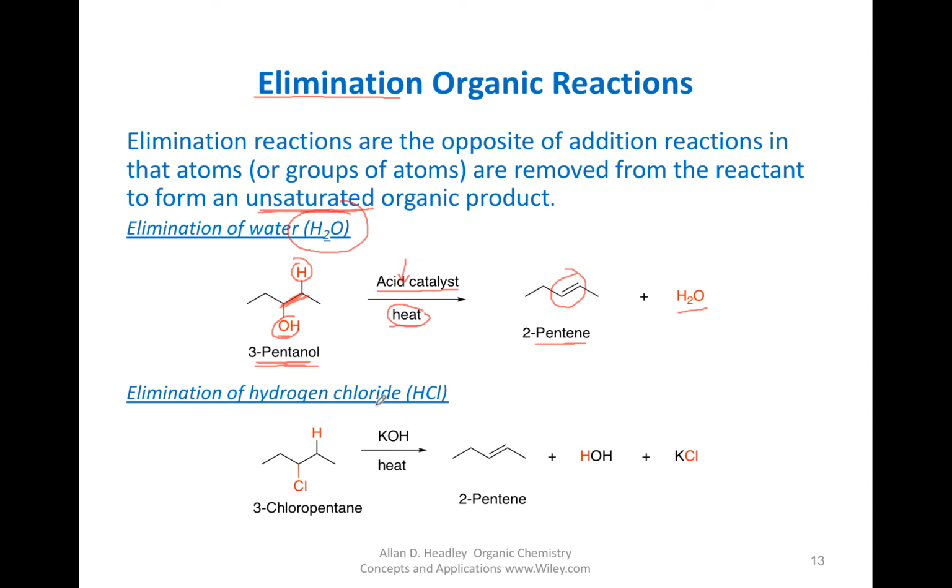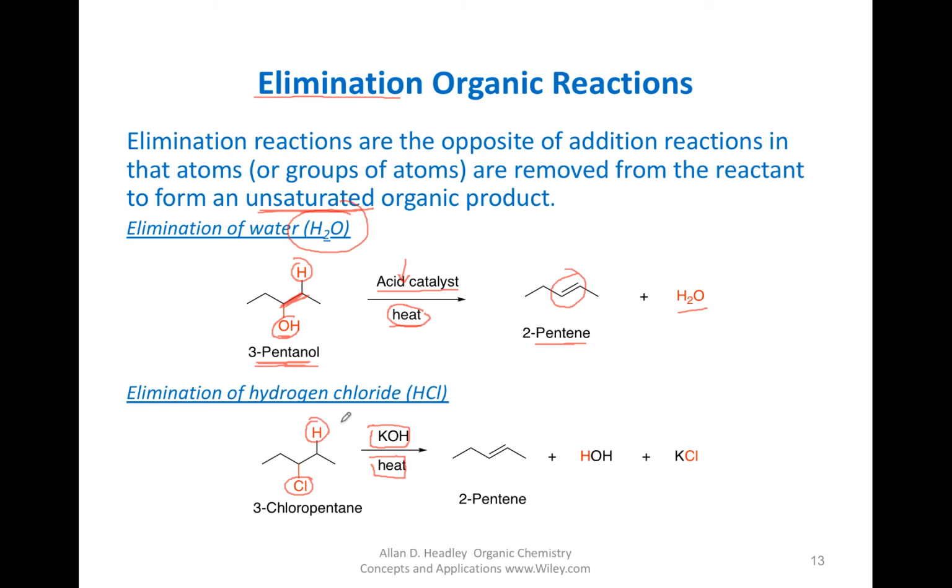Water is not the only molecule that can be removed from a starting material. We can remove H and Cl. The reagents are a little different though. We need a strong base and we also need heat. You'll discover that most elimination reactions require heat.